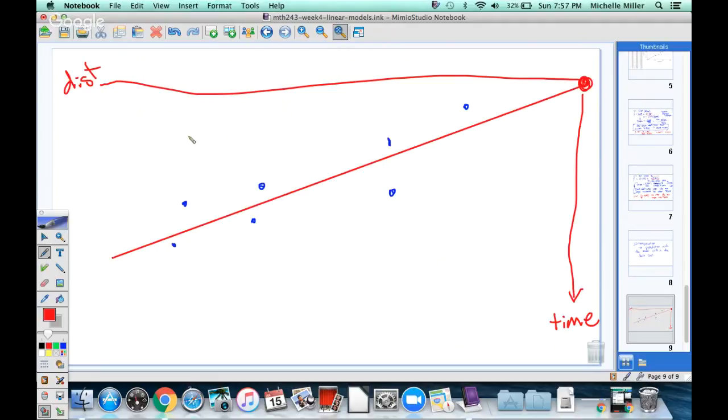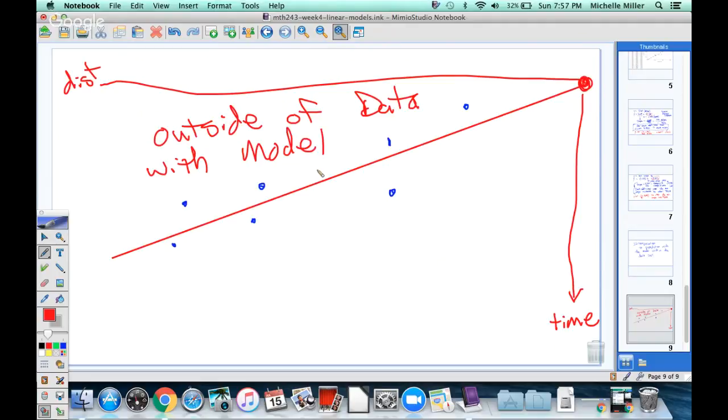When I go outside of the data set with the model, that's called extrapolation. And extrapolation can be dangerous.